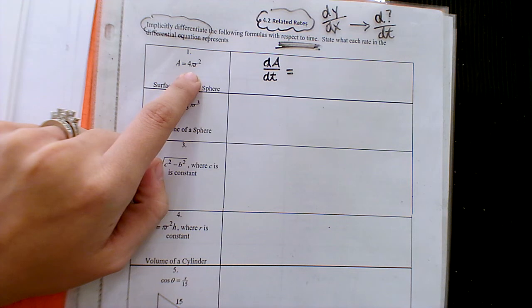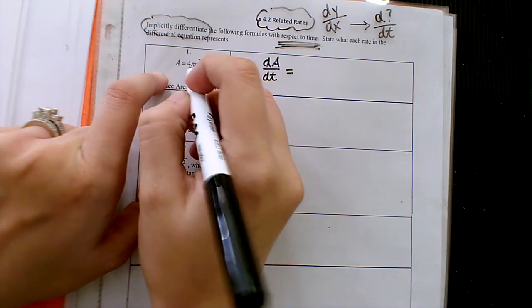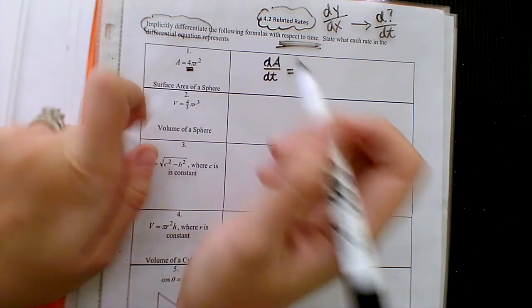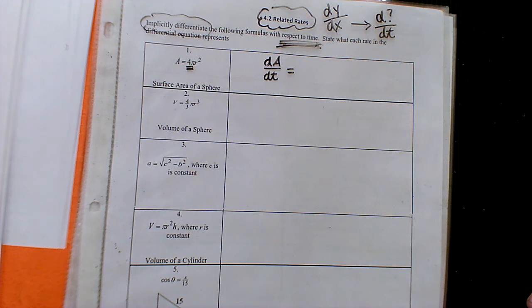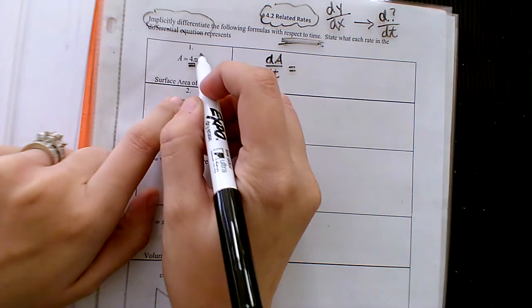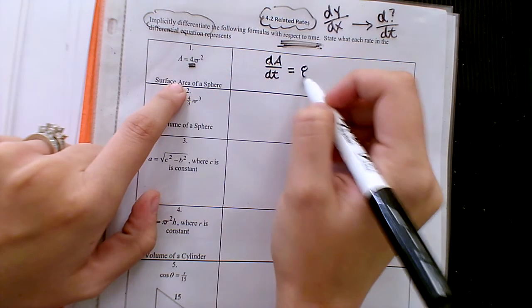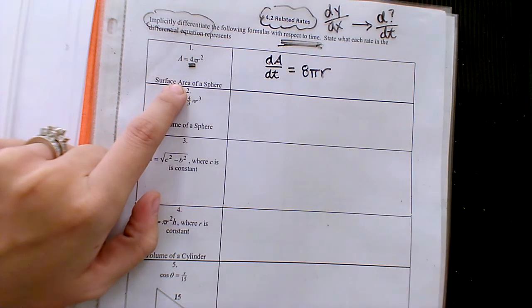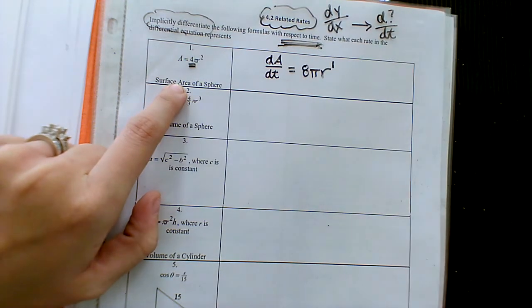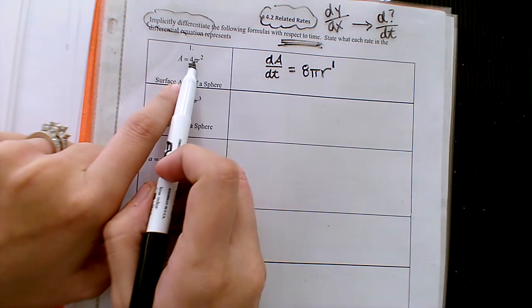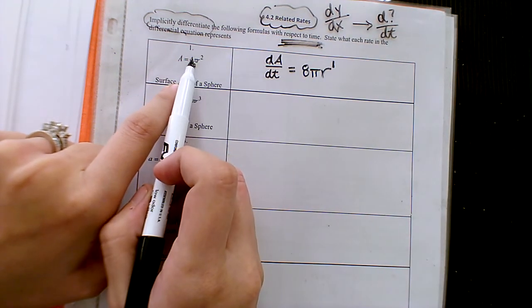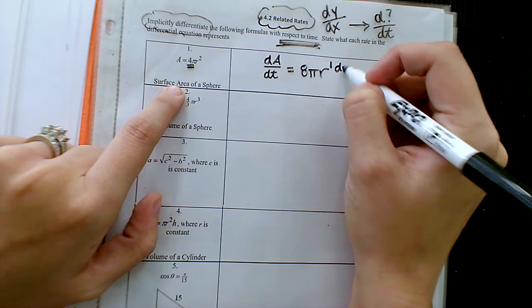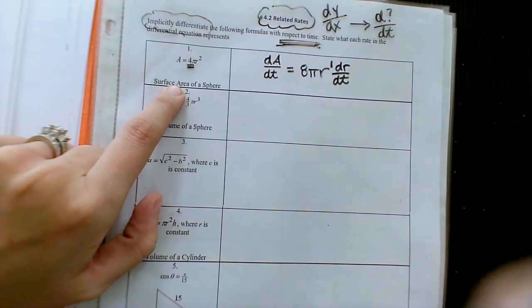You are multiplying, but the 4 pi is a constant, right? It's not another variable, because pi is a number. If we bring the power down, that would make it 8 pi r, and the new power would be 1. But we just took the derivative of an r variable, so we're going to write dr over dt.